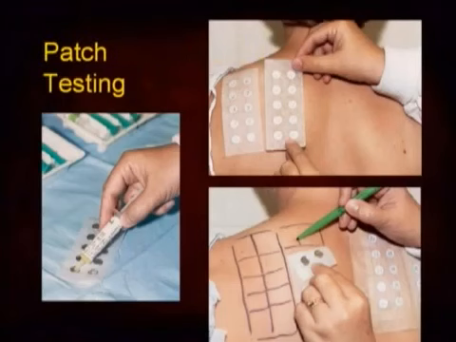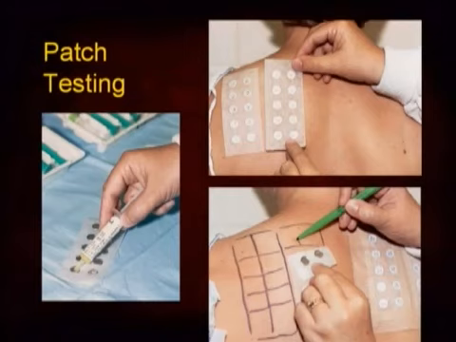So patch testing involves applying a number of different potential allergens, and those can be targeted based on maybe a person's occupation. If they're a mechanic, then you might use different items that they come into contact with on a day-to-day basis in a garage versus a hairdresser versus a florist. All of those people may come into contact with different things.